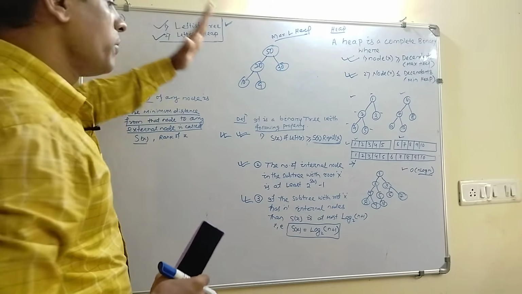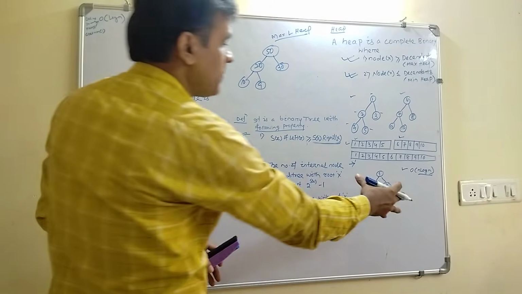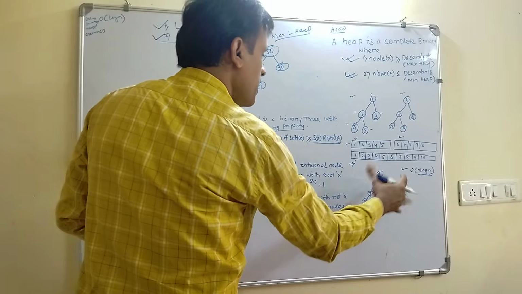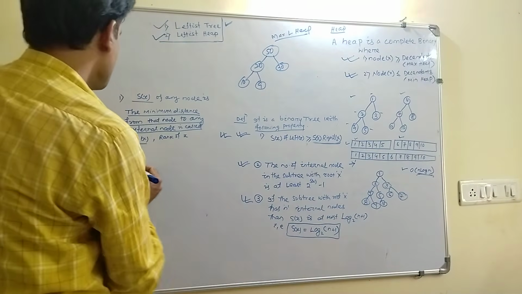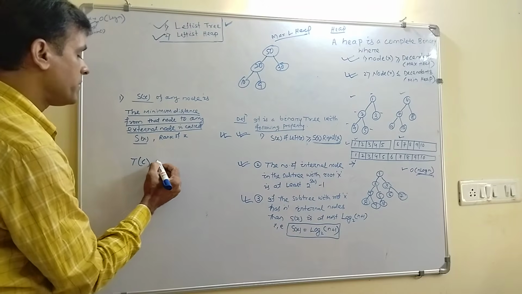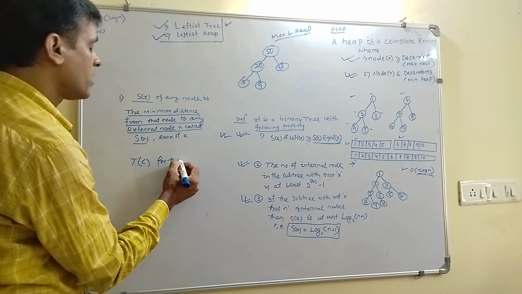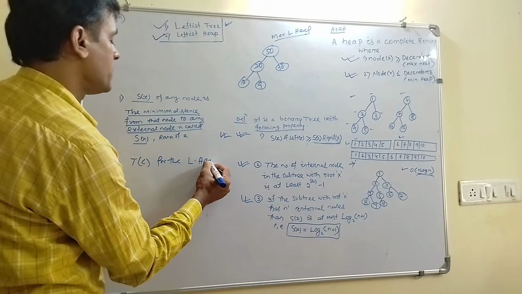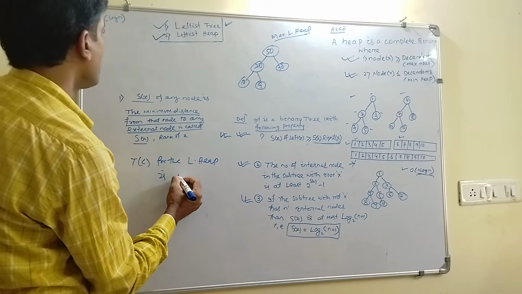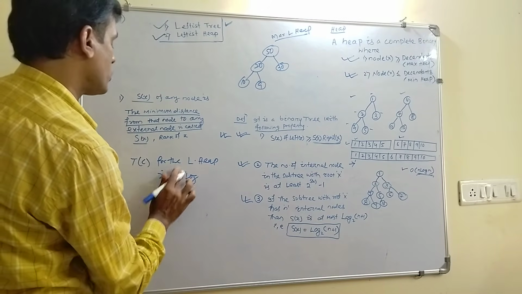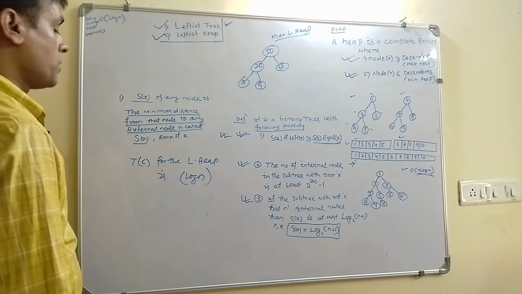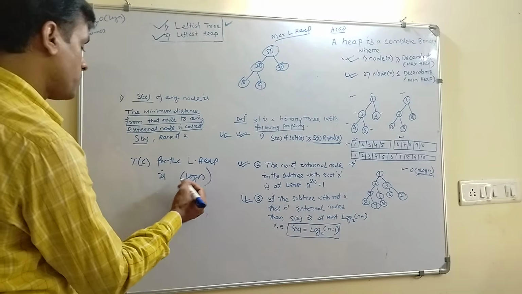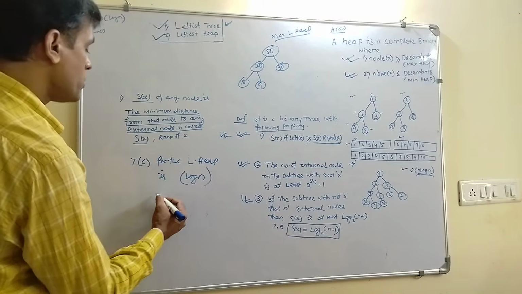Now I would like to say the time complexity for merging in a normal heap is order of n log n, but the time complexity for the leftiest heap is order of log n only, and that is for which operation?